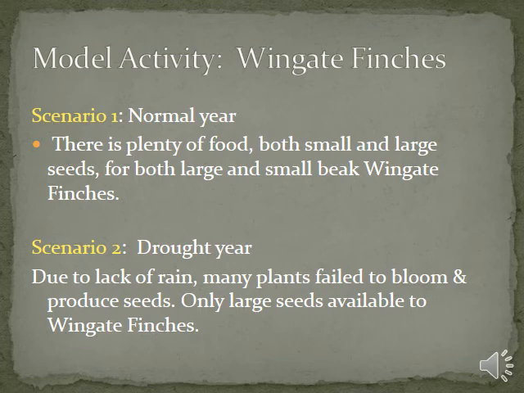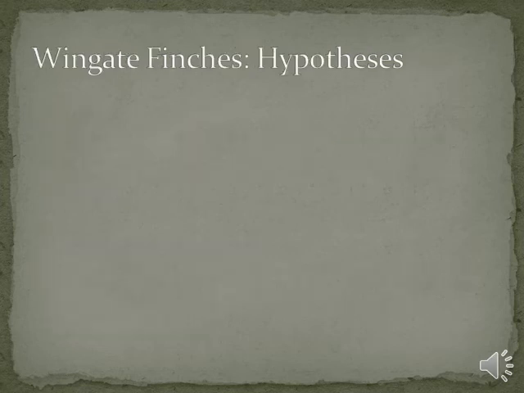We have both small and large seeds for both small and large beaked birds, or Wingate finches in our M&M activity for the video. In scenario two, during a drought year, we have not a whole lot of rain, so over time many plants fail to bloom and produce seeds. So really only the large seeds are available to Wingate finches.